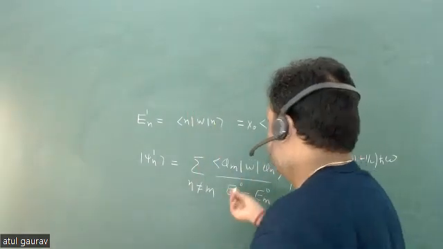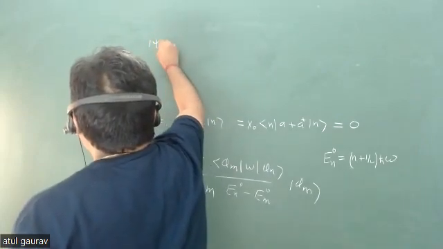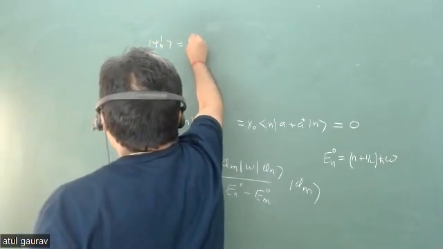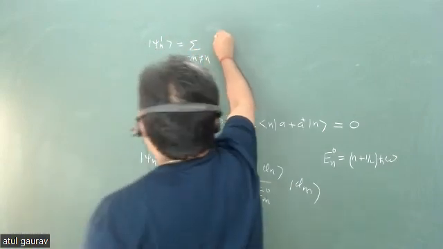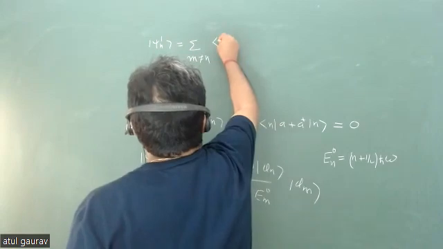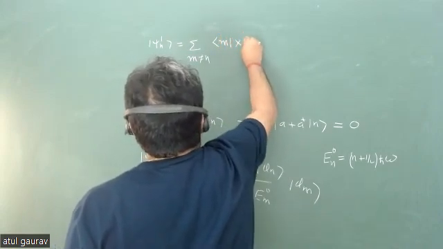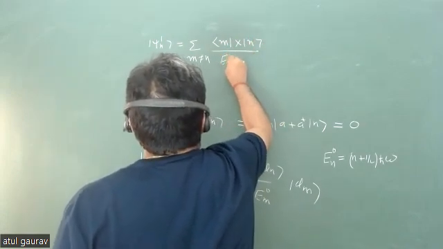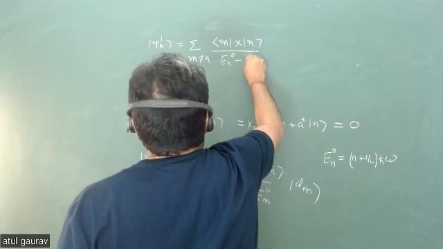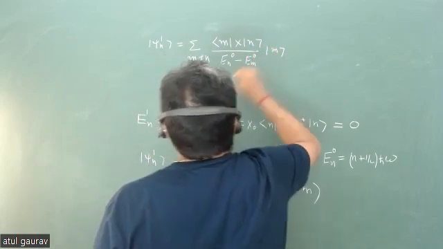So let's try to go for this. So what is your psi n1? Here you have to write the sum over m not equal to n of <m|x|n> divided by En0 minus Em0, times |m>.